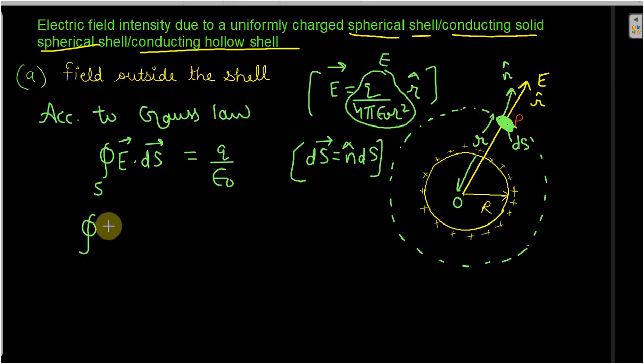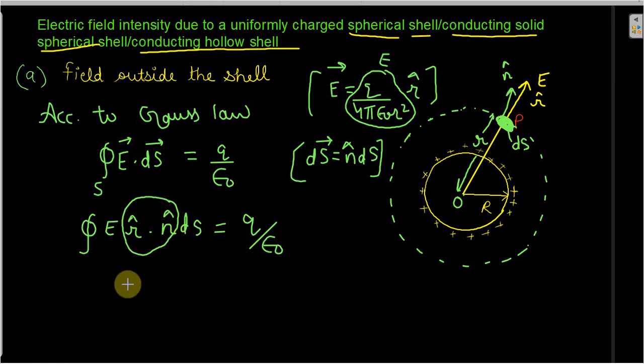The E vector you can write equal to E r cap, and the dS vector you can write as n cap dS, that is equal to q by epsilon naught. We know r cap dot n cap is equal to 1, and E is constant, the electric field is constant, so we can take it outside and you will get this expression.